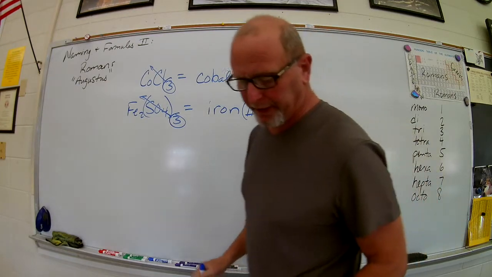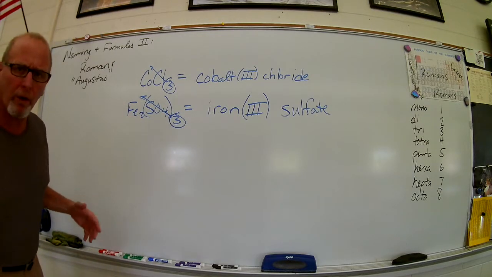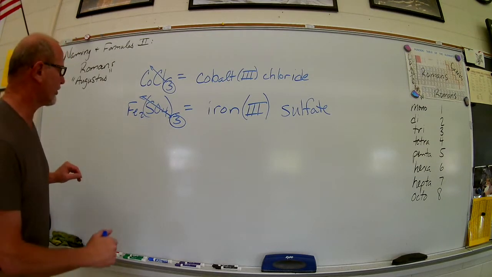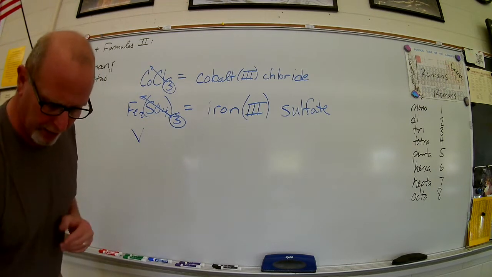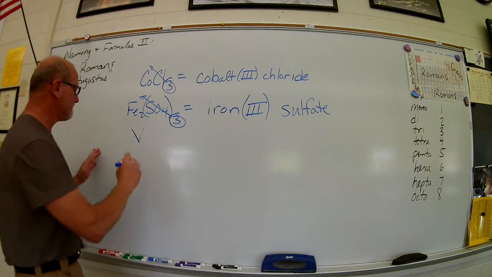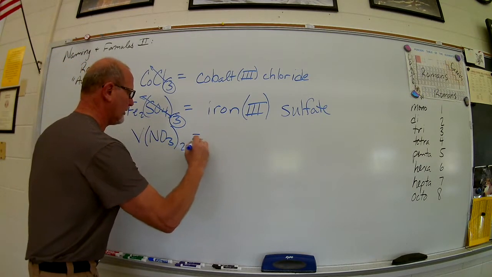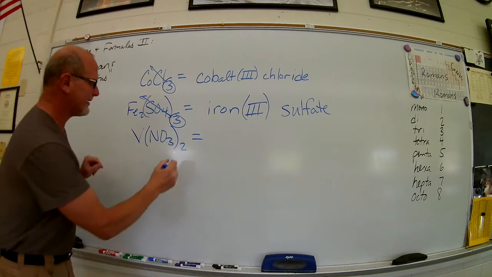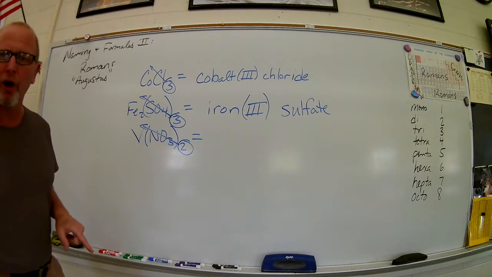Now, a lot of you are thinking, hey, does this always end in a Roman numeral 3, or could I have something different? Well, sure, you could have something different. Let's grab vanadium off the shelf, and we're going to put that with a couple of nitrates. Once again, take that subscript, bring it on up, use it as a charge.